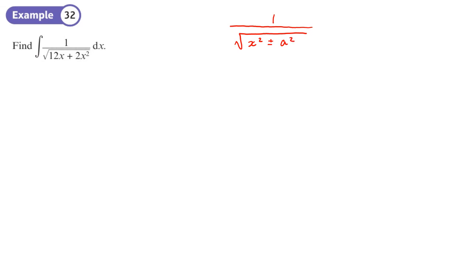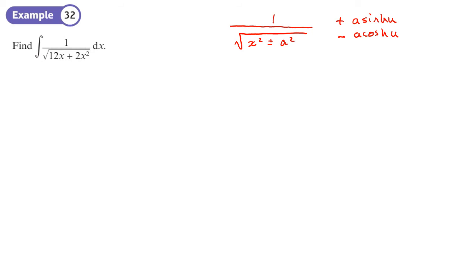And we've made the substitution of either a sine u or a cosh u, depending on whether it's a plus sign that's there or a minus sign that's there. So when it was a plus sign, we made that substitution. If it was a minus sign, we made that.